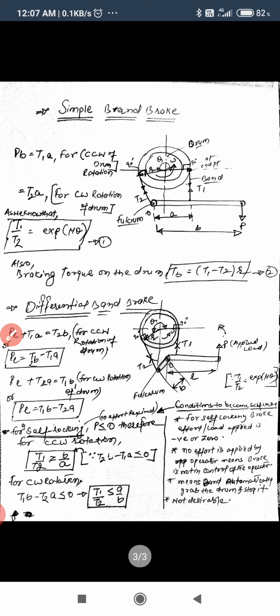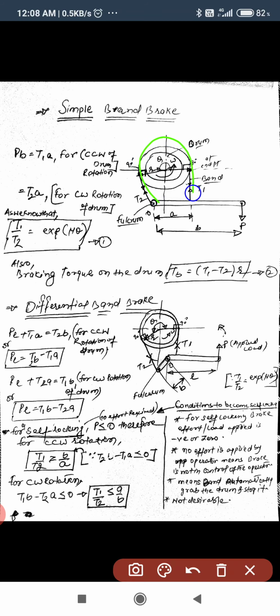That is the last slide of this mechanical brake system, that is the single band brake and differential band brake. In a single band brake, what is the band? This is the band on this drum. The band is like the belt on a pulley, like in a flour mill machine where the belt has some tension forces.